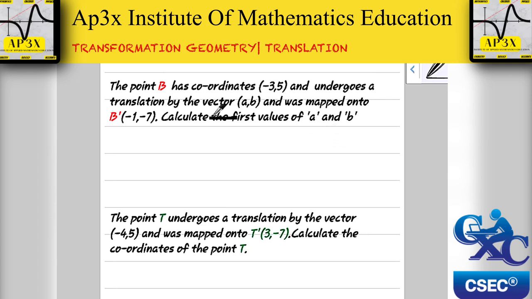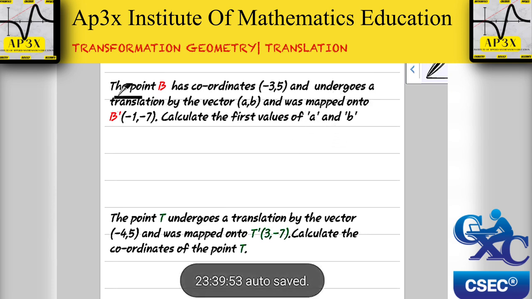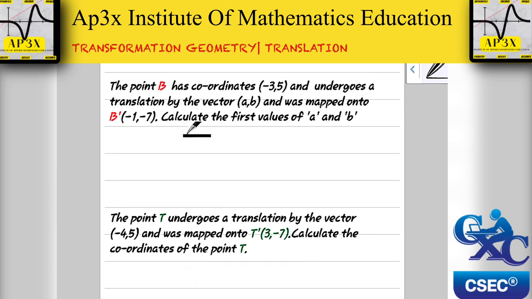Once again, since the keyword in this question is translation, we're going to resort to our formula here, O plus T equals I. Now, some instructors will tell you that if you are looking for the vector, you can transpose the equation and make T the subject of the formula.